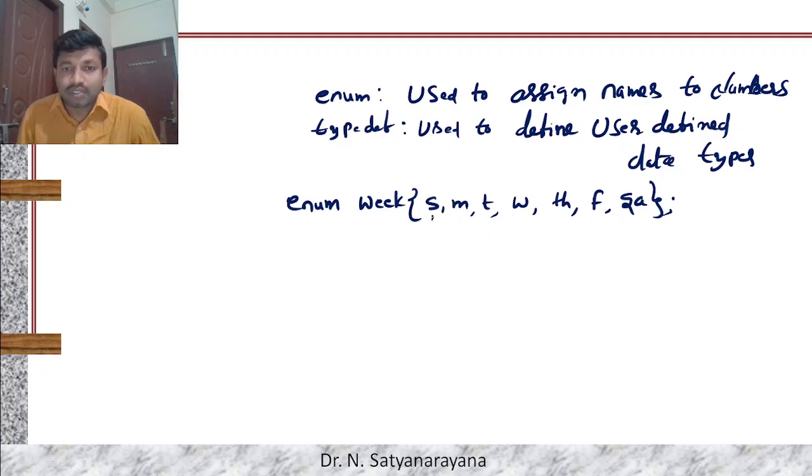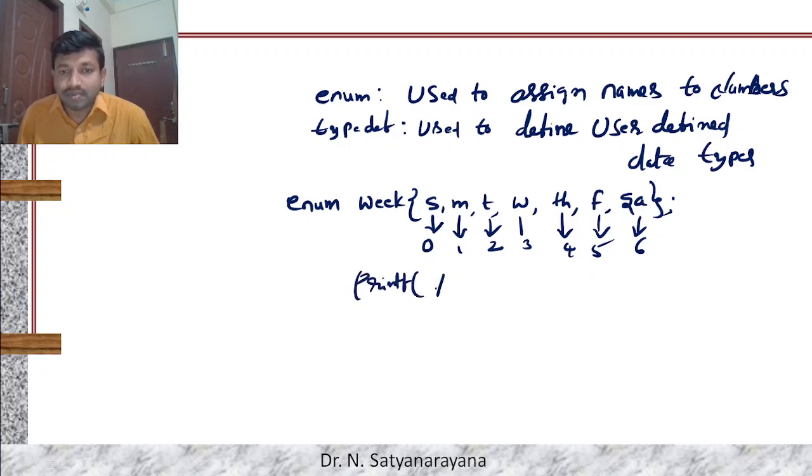By default the compiler assigns values for them 0, 1, 2, 3, 4, 5, 6. So initialization starts from 0. If you print any variable, say printf %d, t, what would be the value? The value of this would be 2.